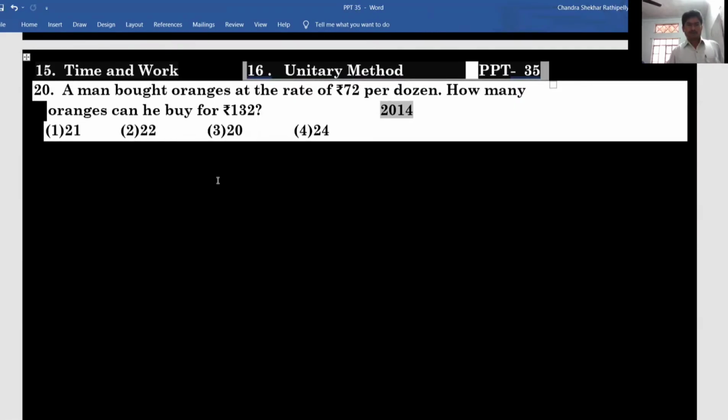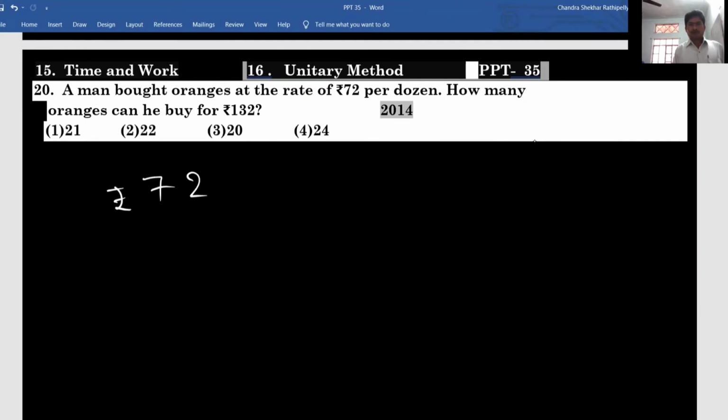Question number 20. Time and work, unitary method. A man bought oranges at the rate of 72 per dozen. How many oranges can he buy for 132 rupees? So this is a unitary method question.